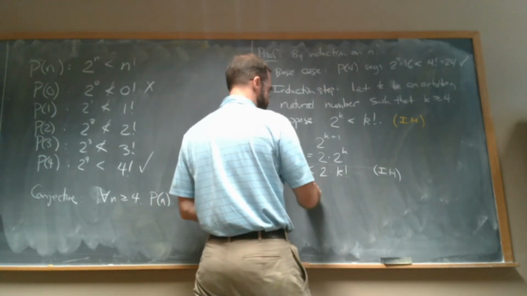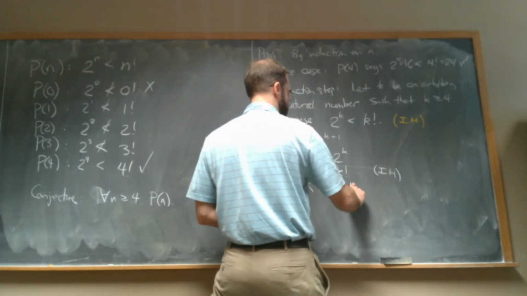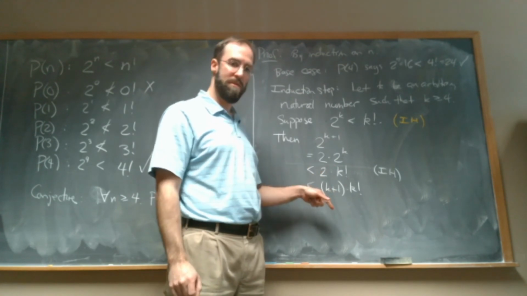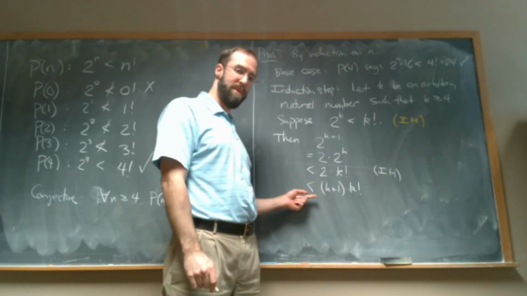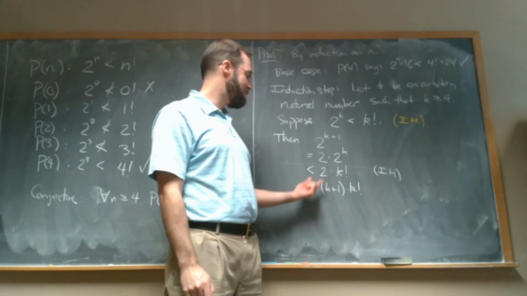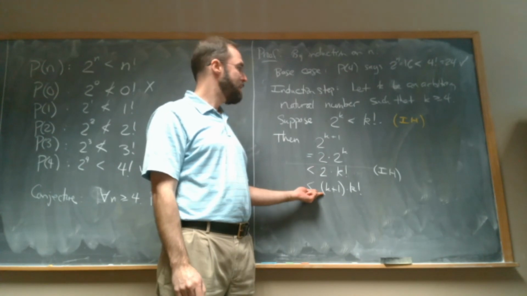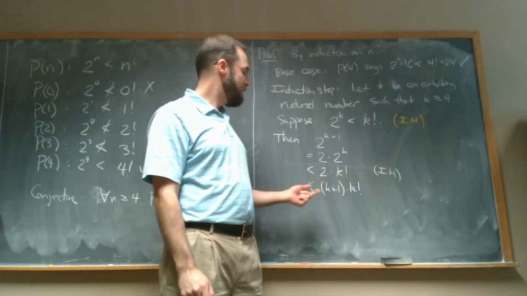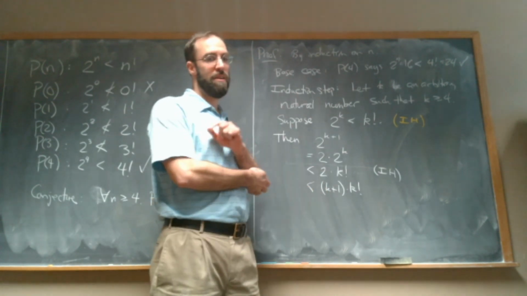And then, again, I'm trying to show this is going to be less than k plus 1 factorial. Well, I have a k factorial here, and if I multiply it by k plus 1, that'll give me k plus 1 factorial. And why do we know that 2 is less than k plus 1? Well, that's because we assume that k is greater than or equal to 4. So k plus 1 is at least 5. So 2 is definitely less than 5, or anything bigger.